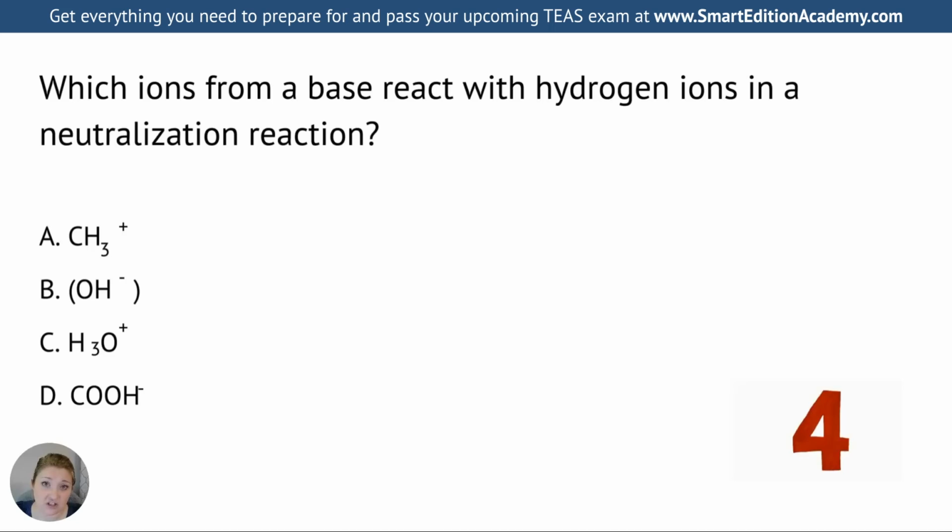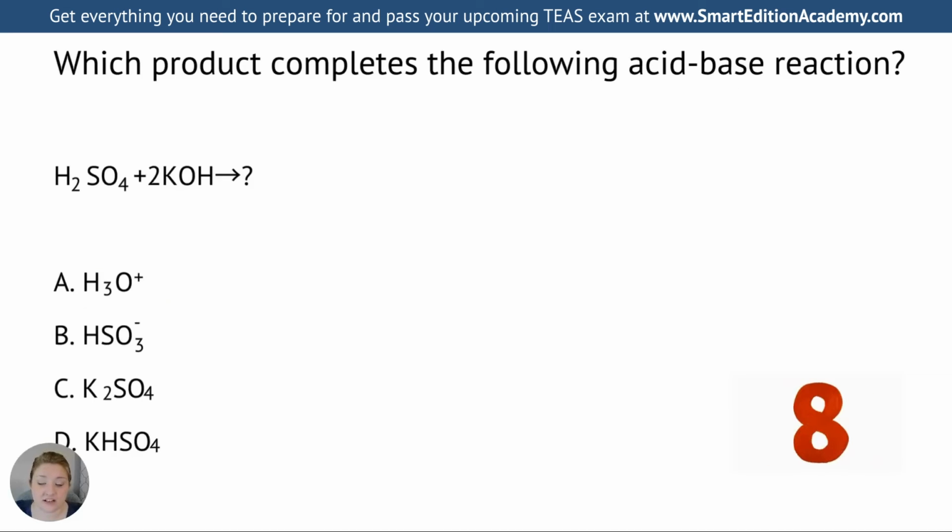So the question is asking us, what is it that reacts with the H in a neutralization? If you said OH, you are correct. Yes, the OH from the base reacts with the H in a neutralization to make water. Here's our next question.